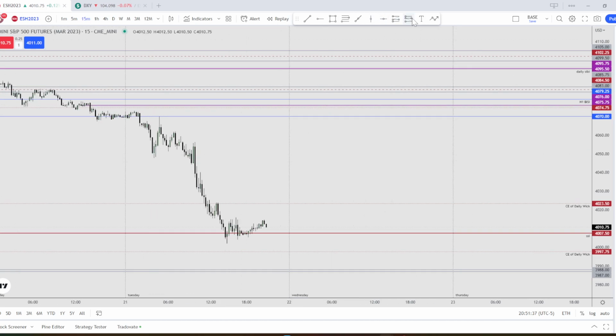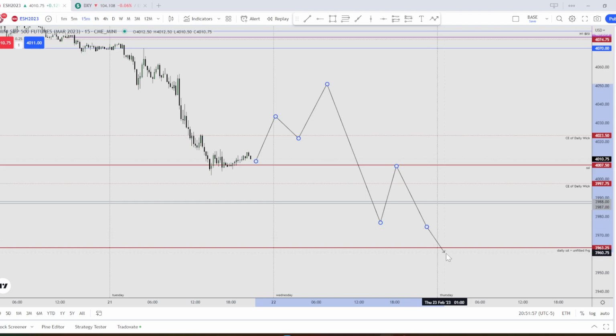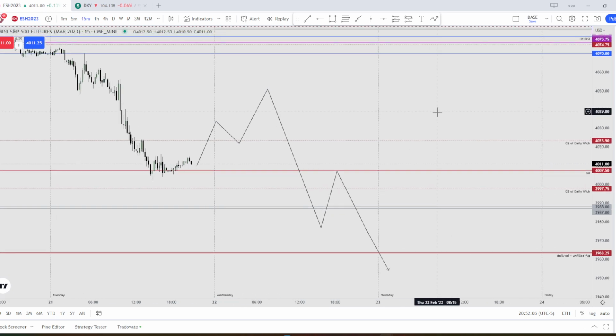So giving you an arrow or a path, right? You might want to do this and then continue downwards. That's what I'm expecting on Wednesday into Thursday and Friday.